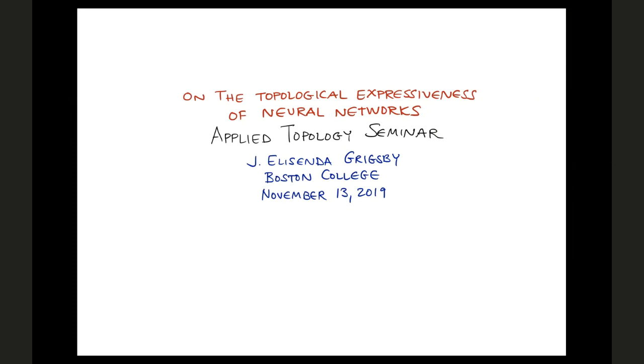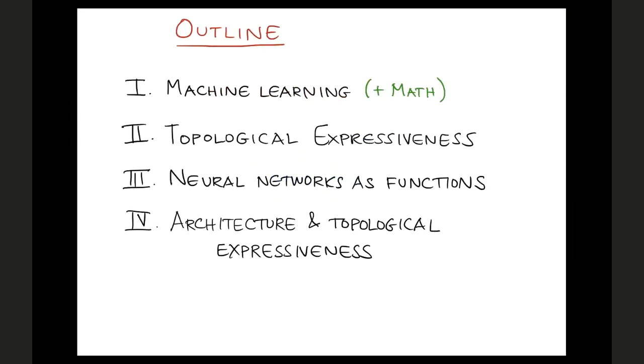So let me just go ahead and get started by centering us in where neural networks live, which is in machine learning. Let me first start by telling you a little bit about machine learning, just the very basics, in case you haven't heard an intro talk about it yet.